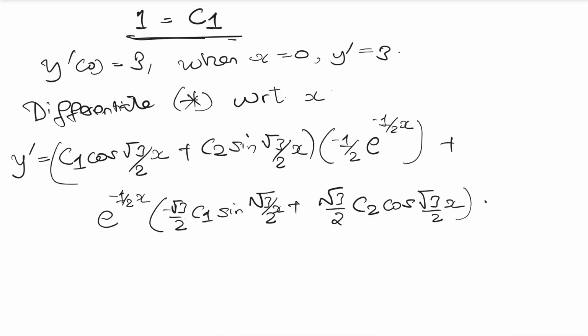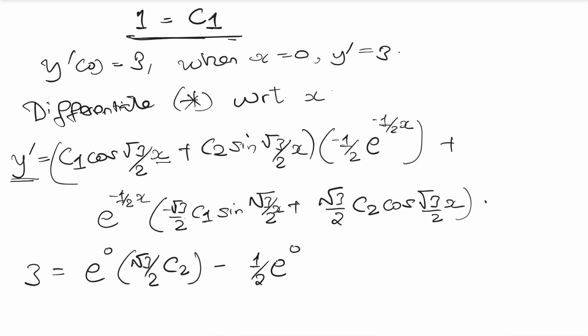So when x is equal to 0, this is 3. So 3 is equal to e power 0 times root 3 by 2 c2 minus 1 by 2 e power 0 c1.